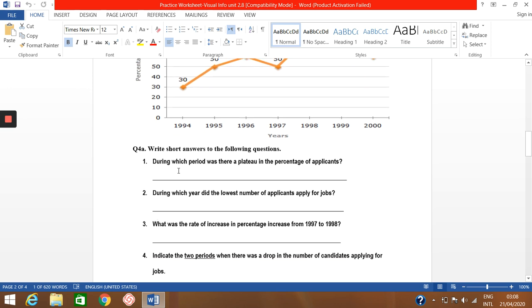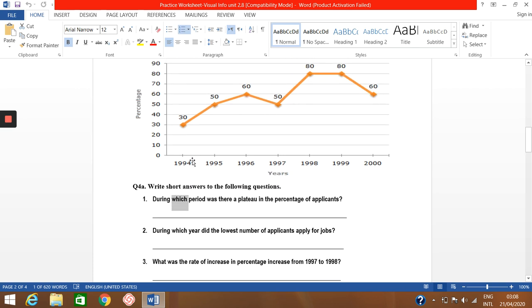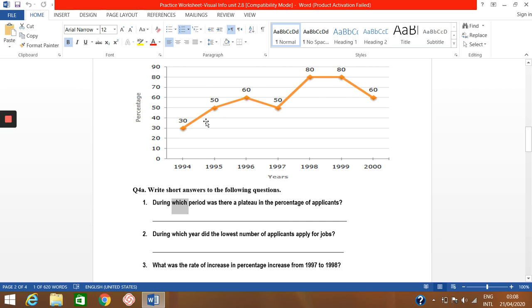During which period was there a plateau in the percentage of applicants? So you need to understand this question carefully. And there is a key word here. First of all, during which period, that means there is a set of periods. For example, in this period between 1994 and 1995 there is an increase.